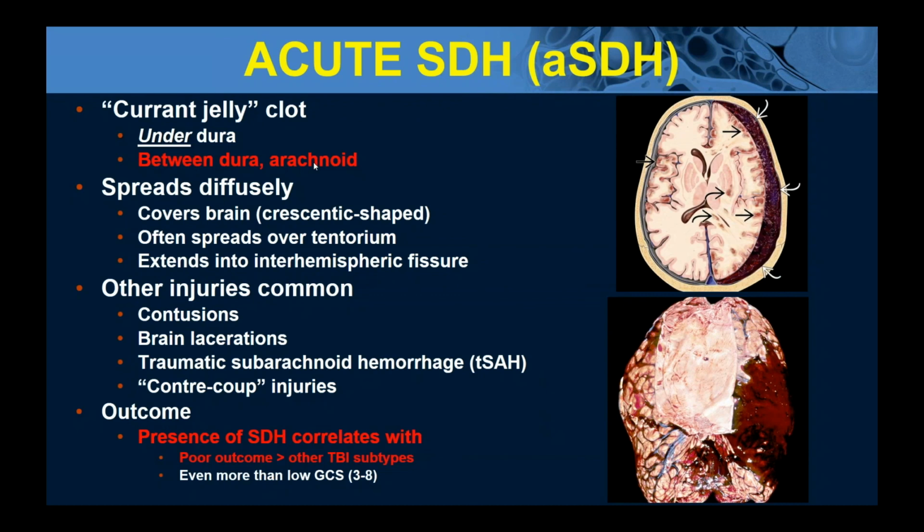Well, the dura is tightly stuck to the skull, and that's why it's hard for an epidural hematoma to get terribly big. But with a subdural hematoma, it's easy for the blood to dissect all the way around under the dura and between the dura and the arachnoid, because the arachnoid is not tightly adherent to the skull and the dura. So it spreads over.